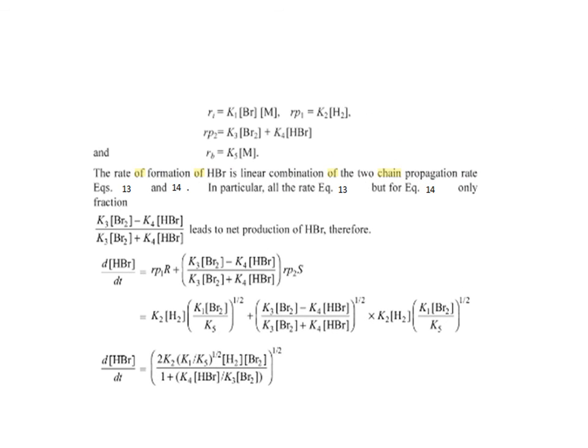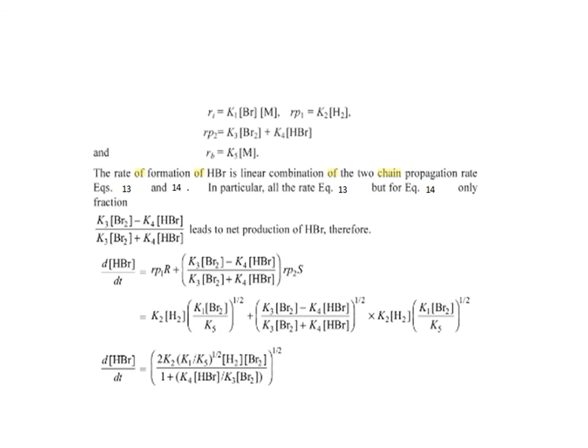Then, dear students, RI is equal to K1 into Br2 into M. RP1 is K2 into H2. RP2 is K3Br2 plus K4HBr, and RB is equal to K5 into M.